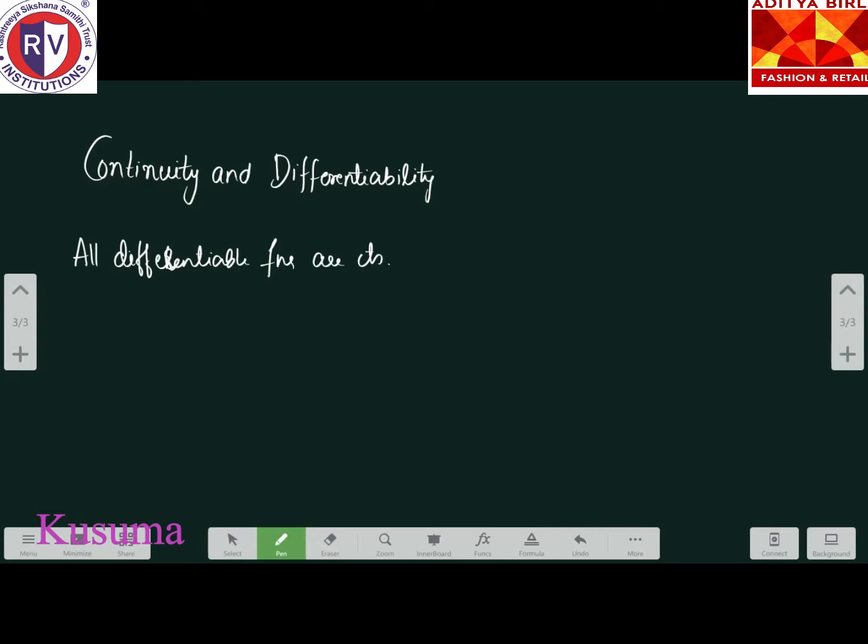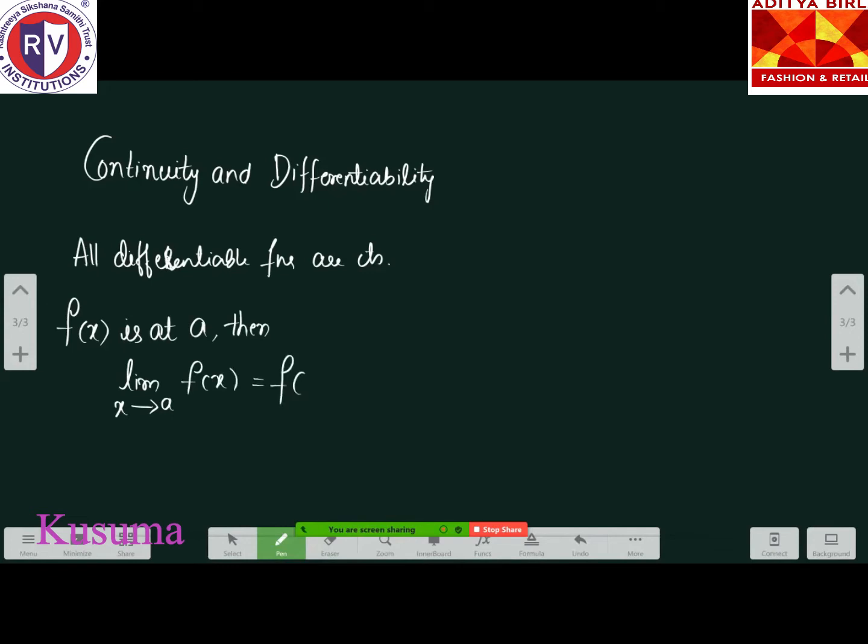Suppose f of x is continuous at a, then the limit as x tends to a of f of x will be equal to f of a.